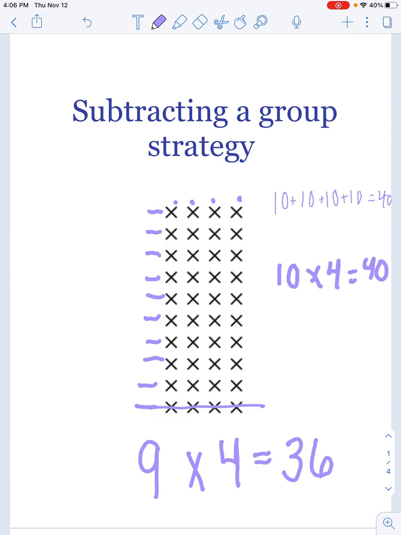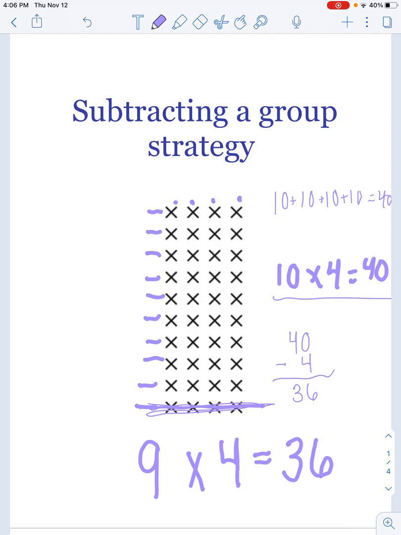So I just crossed out one of the groups right here, and I subtracted those away from this original problem. So if you're looking at what it equals, 40, all I did was subtract 4, or take away one group of 4, to get 36.